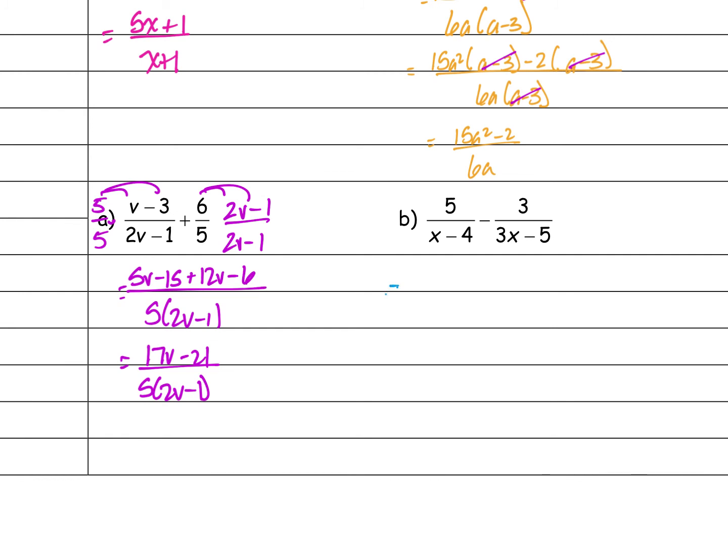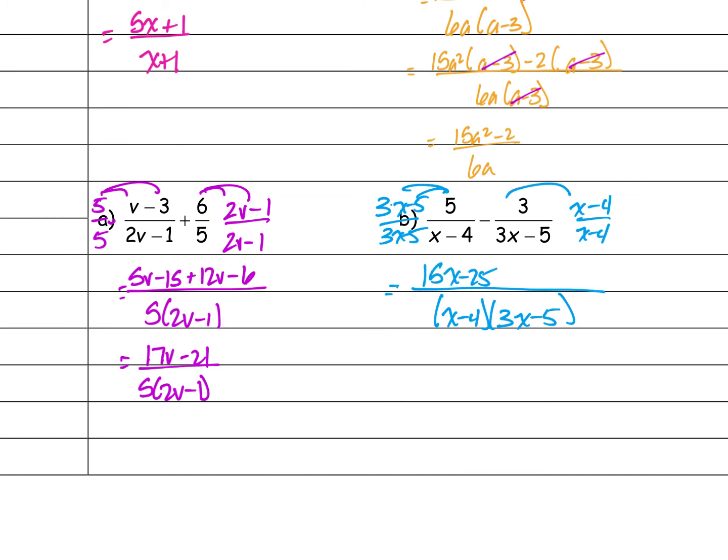So for number b, my common denominator is going to be x minus 4 times 3x minus 5. For the first one, I'm going to multiply by 3x minus 5 over 3x minus 5, and the second by x minus 4 over x minus 4. So distribute, and what do I get? 15x minus 25.